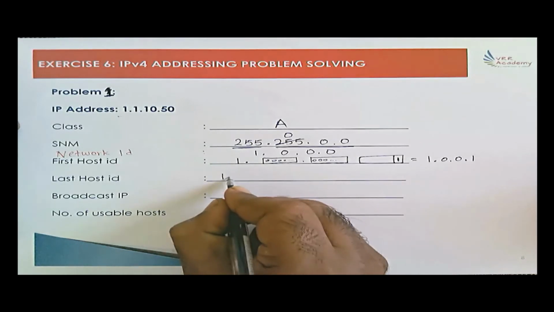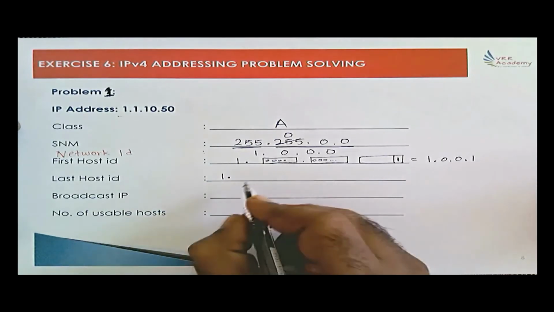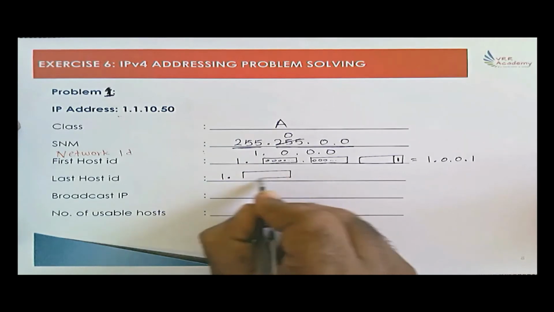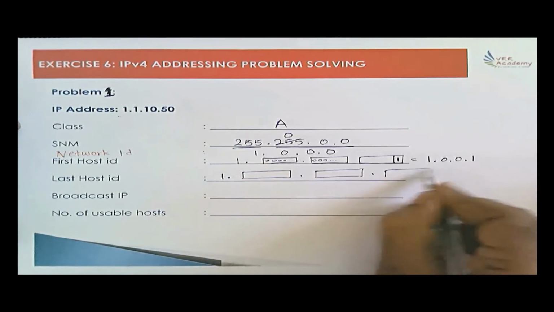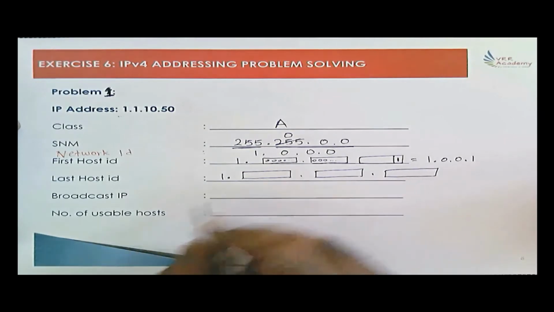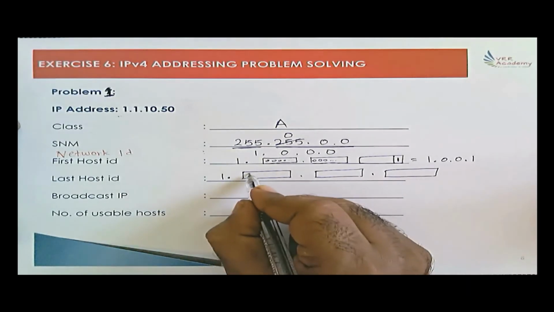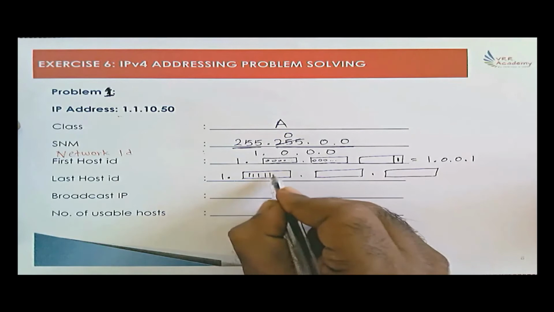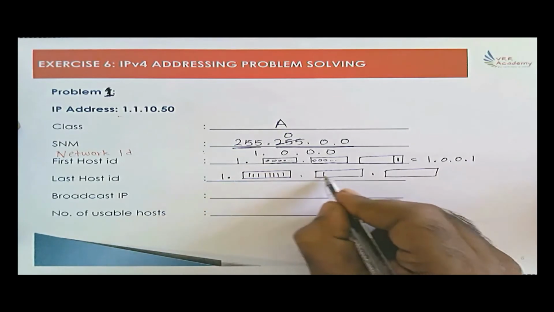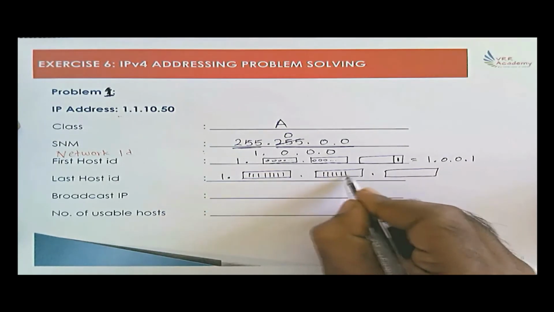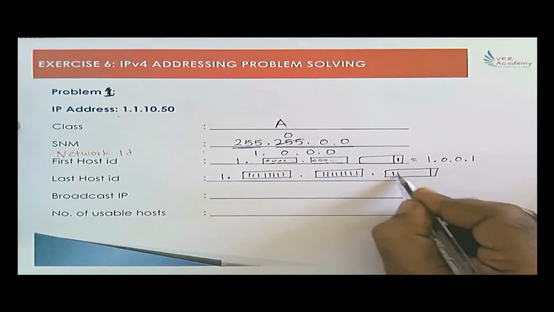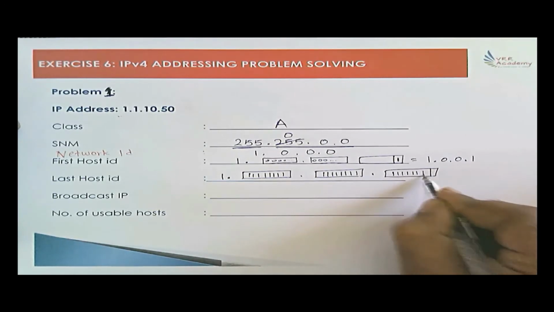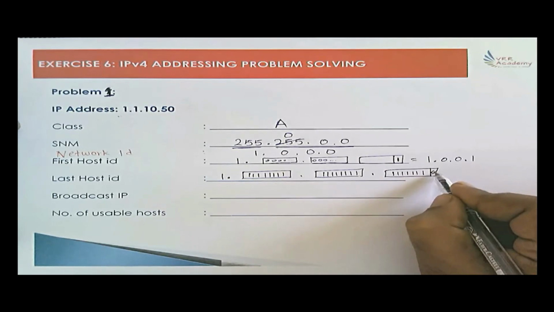So this is the network part, then we have 3 octets, and in these 3 octets we make everything 1, 8 bits each, except the last bit, which is going to be 0.